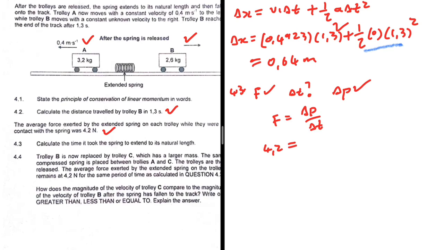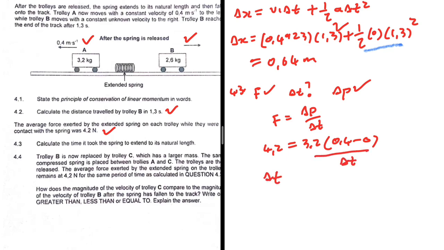So the mass of object A is 3.2. Final velocity is 0.4 and the initial is 0, when the spring is yet to be released, coiled up in a way, and then we divide this by delta t.